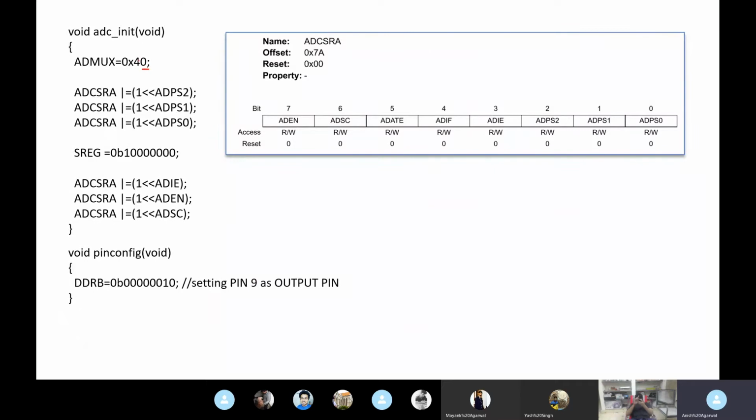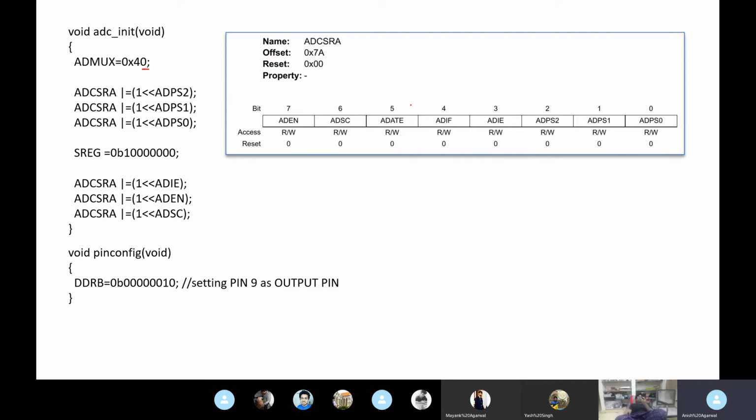All right. This 4 says what kind of reference we are going to take. Here we have taken the reference from VCC, which is 5 volt. So that 4 is for that, nothing else, what kind of reference voltage we are taking. Okay. Now ADCSRA. ADCSRA is an 8-bit register, which is the ADC control and status register A.